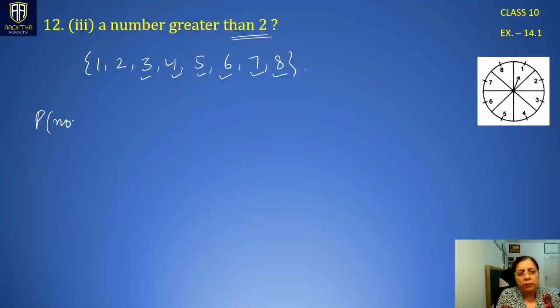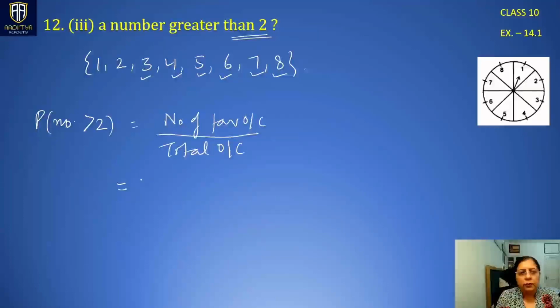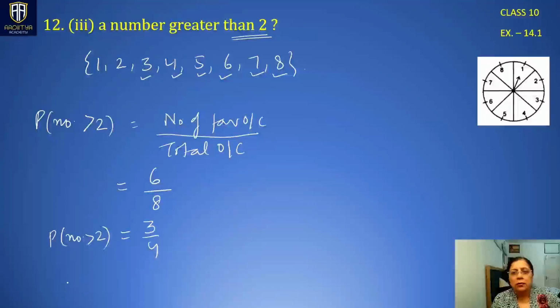Probability of number greater than 2 is number of favorable outcomes upon total outcomes. Favorable outcomes are 6 in count and total outcomes are 8. So we have 3 by 4 as the probability of getting a number greater than 2 on the pointer of the arrow, right?